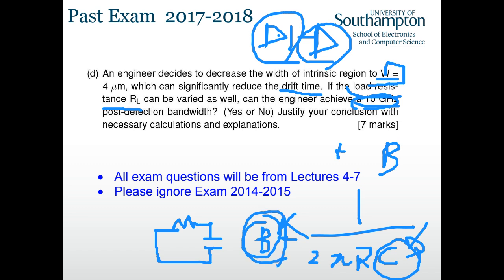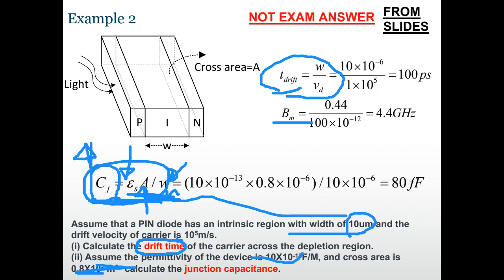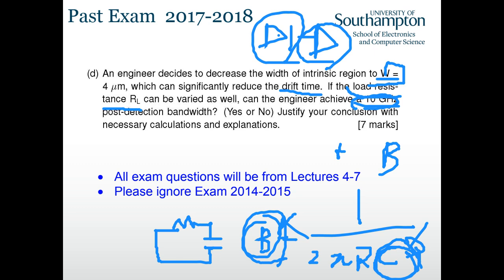We know that reducing the width increases the capacitance of the photodiode, and then the total capacitance would be increased. So you need to match the load resistance with this capacitance in order to get a target bandwidth. So that's all the exam questions that you have access to.